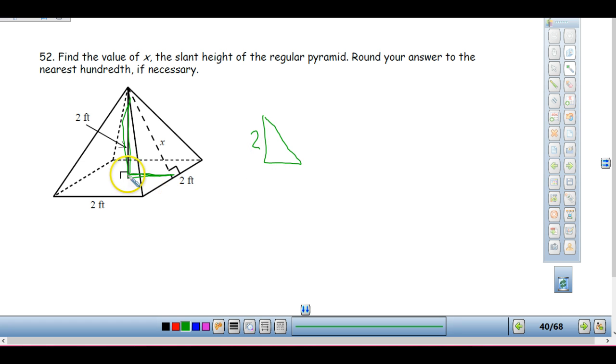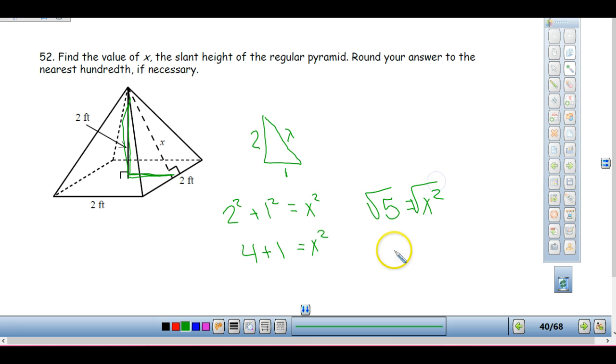Okay, you've got to be careful because this little portion right here is only half of that side, so that's going to be 1, and we're looking for our slant height. So 2 squared plus 1 squared equals x squared, or 4 plus 1 equals x squared, 5 equals x squared, take your square root of both sides, and x equals approximately 2.24 feet, if you want to label it.